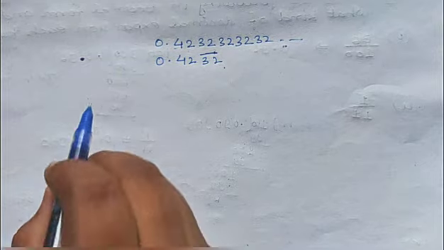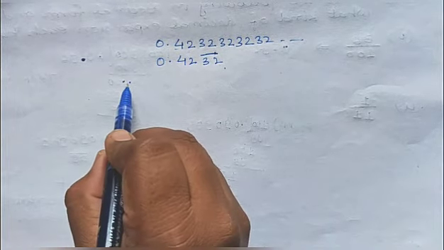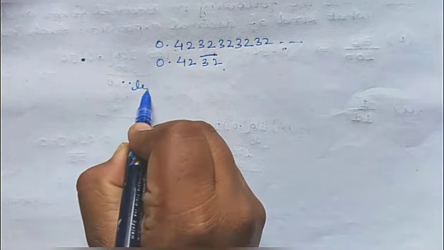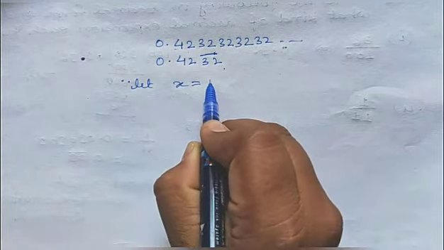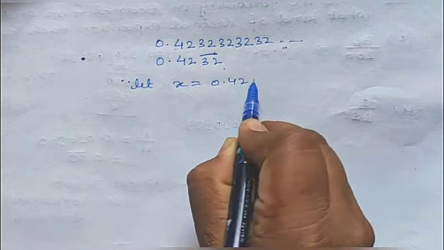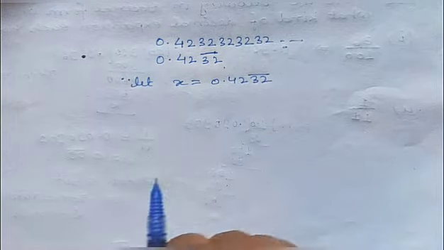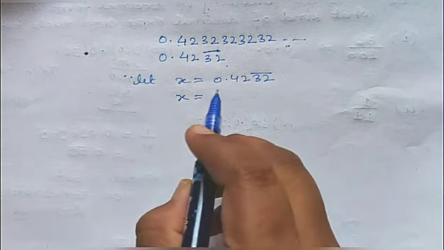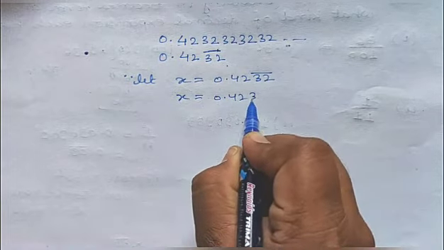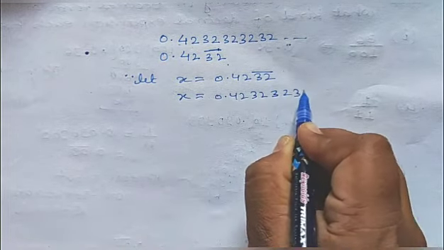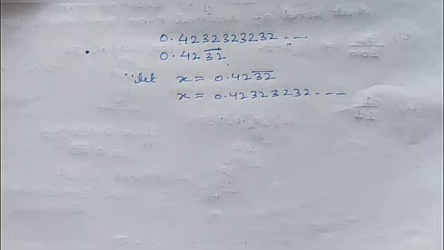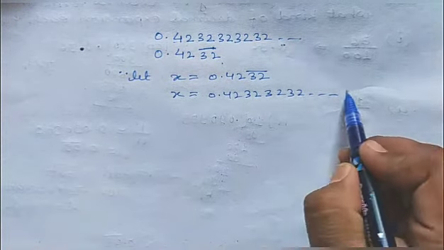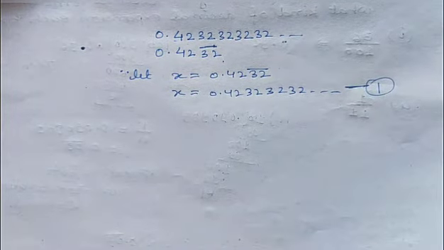See students, for that, firstly we will suppose that x is equal to 0.4232 bar. Then we can write it as 0.42323232 and so on. Okay, suppose it is equation number 1.